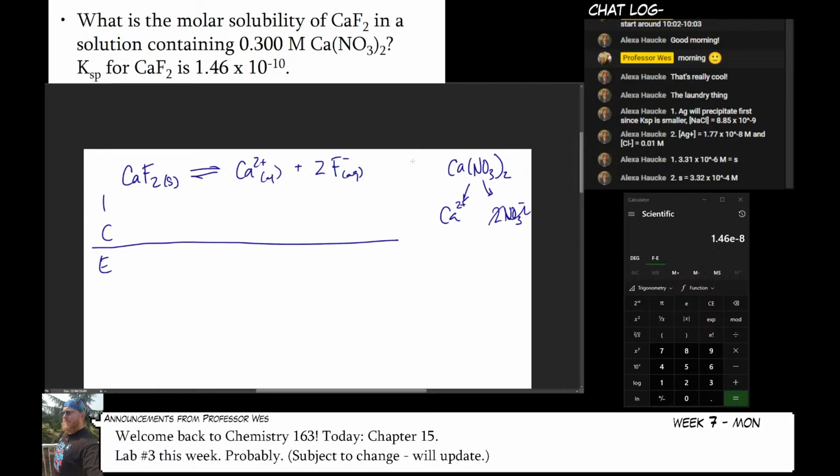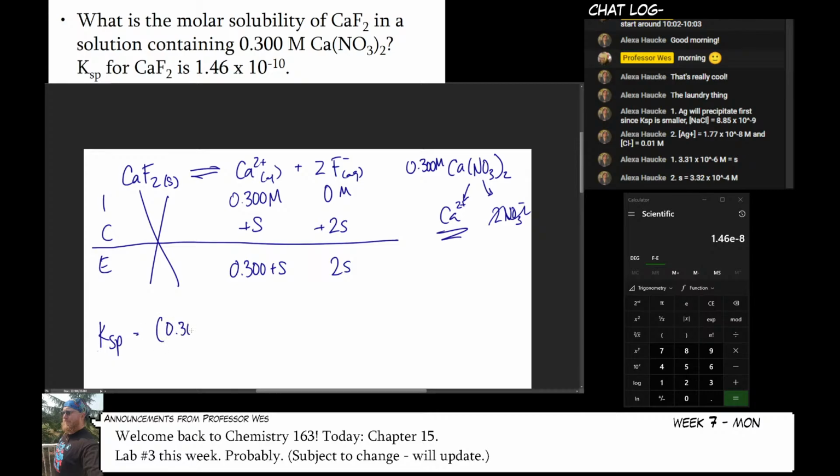But if this was 0.3 molar, then this will be 0.3 molar. And so I get this as my result. And so KSP will equal 0.300 plus S times 2S quantity squared.